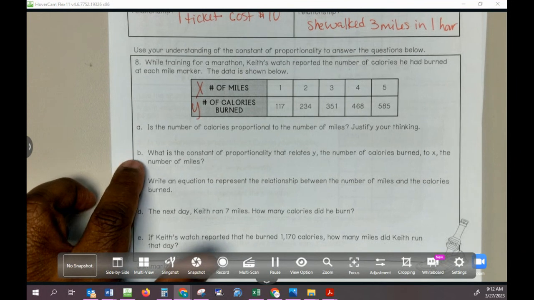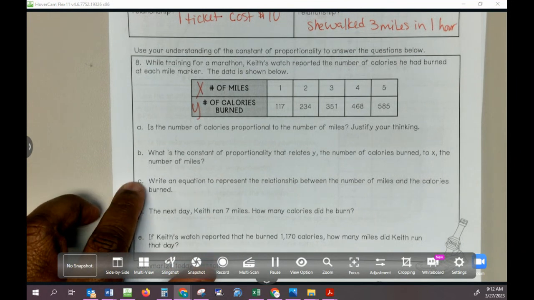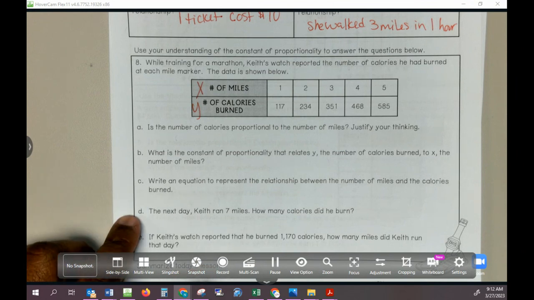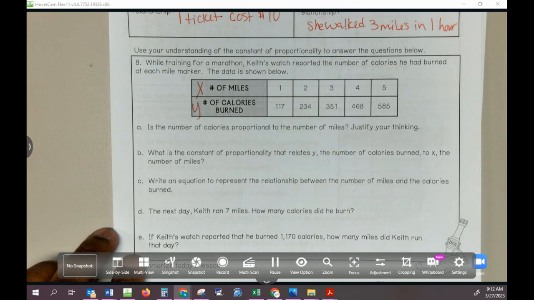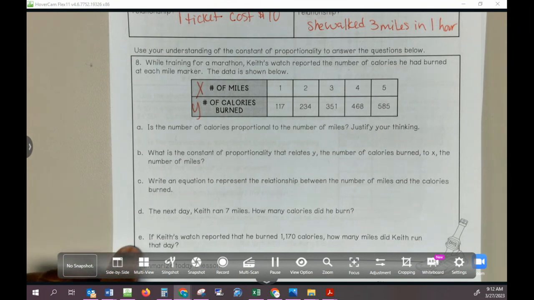And then Alara, you're going to be letter B, okay? Vanessa C, Riley D, and Jordan E.